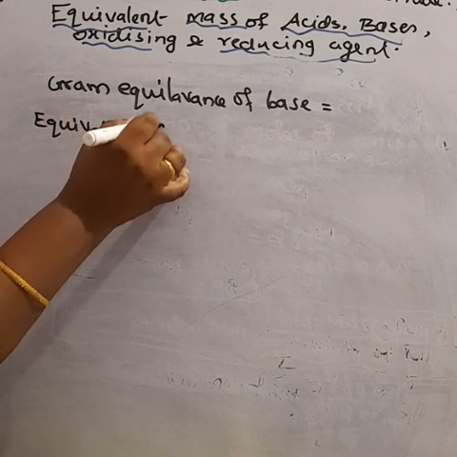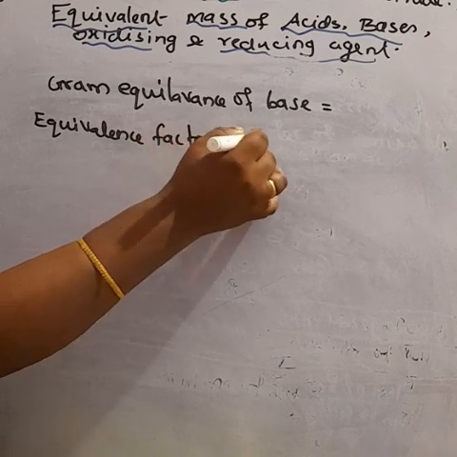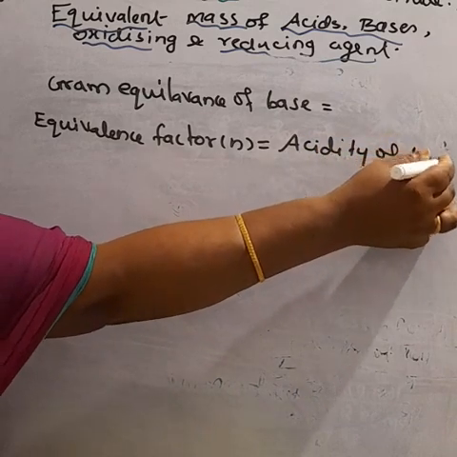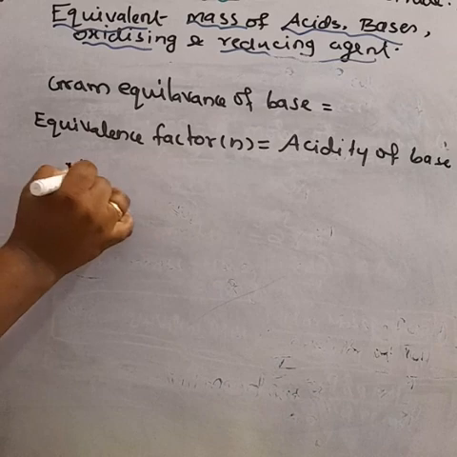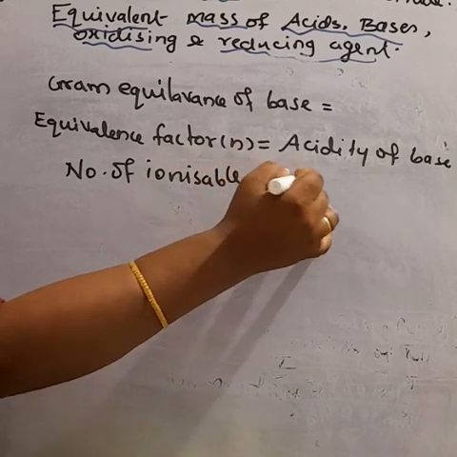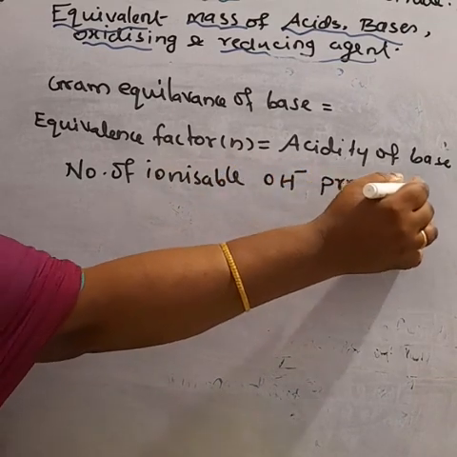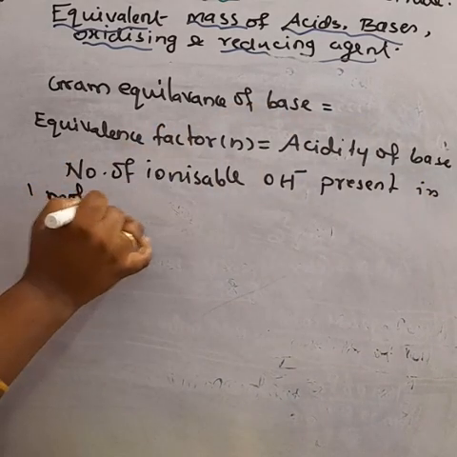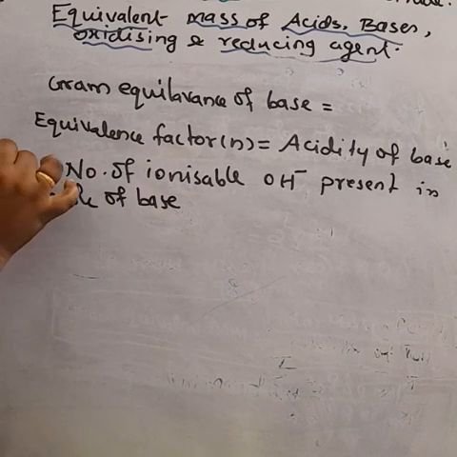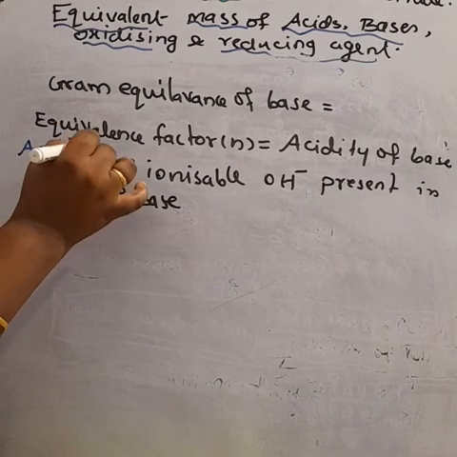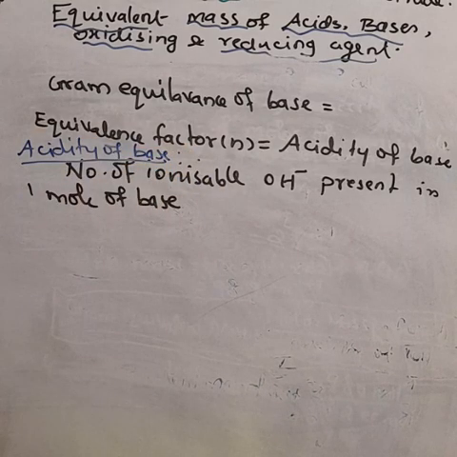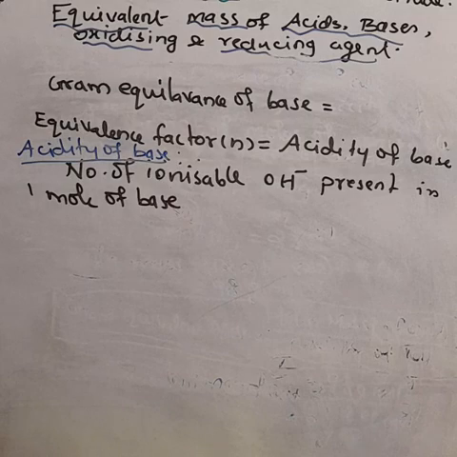Acidity of bases means the number of moles of ionizable OH minus ions present in 1 mole of base.